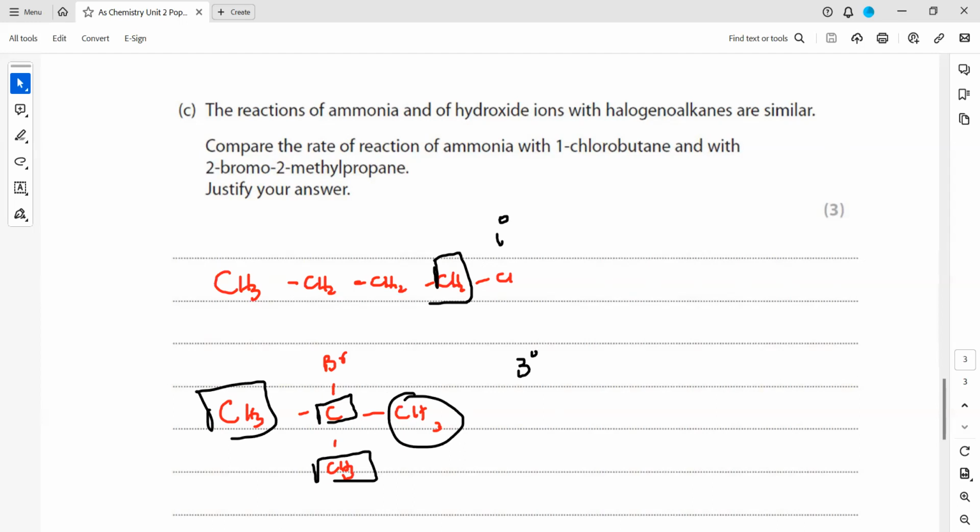We will say 1-chlorobutane is primary, but 2-bromo-2-methylpropane is tertiary. So when we compare their mechanisms, both will undergo SN reactions. This will be an SN2 reaction and this will be an SN1 reaction.